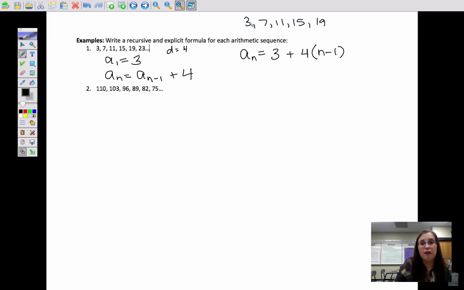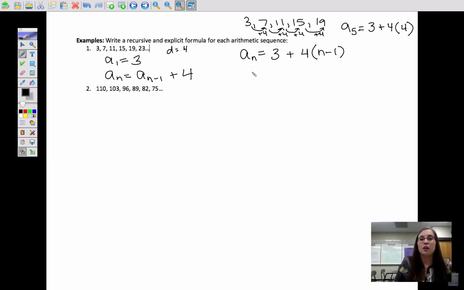So basically we have 3 and we've added 4, 1, 2, 3, 4 times. So if we're trying to find the fifth term, we're going to have 3 plus 4, and then 5 is n minus 1 4 times because we've added the common difference 4 times.